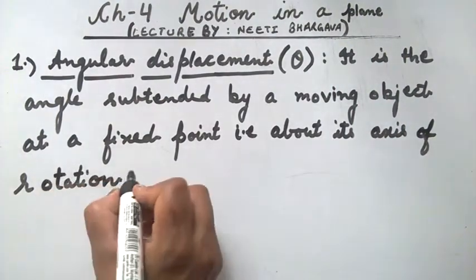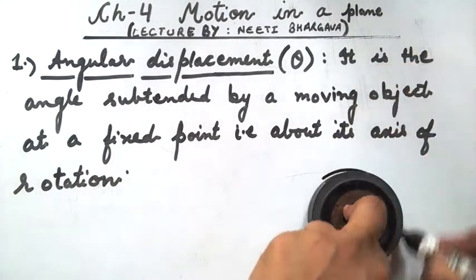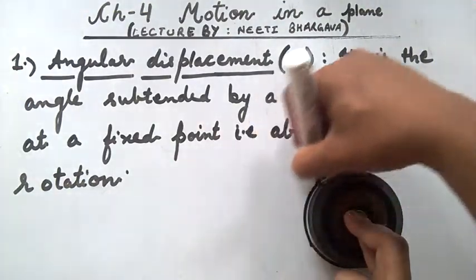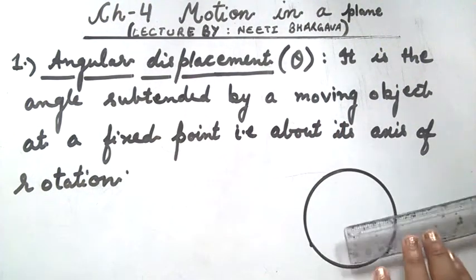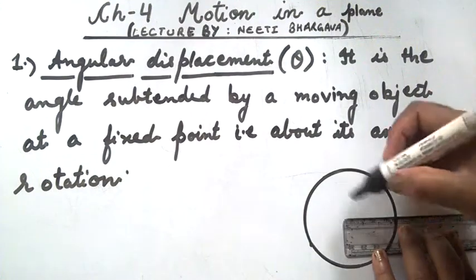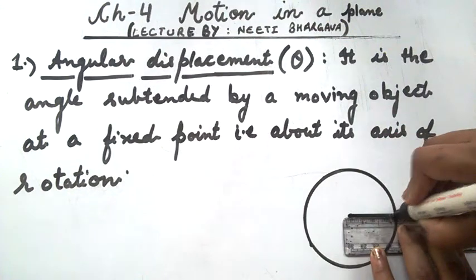Let's understand it with the help of a diagram. Consider a circle along which a particle is moving at distance r from the center.